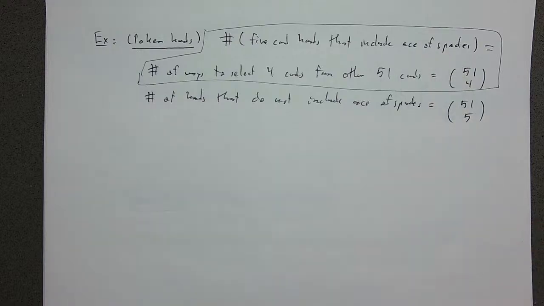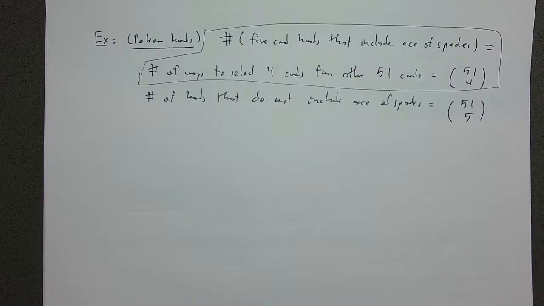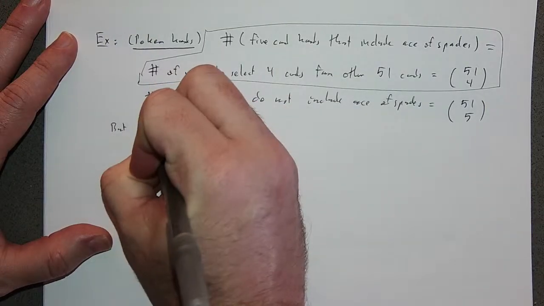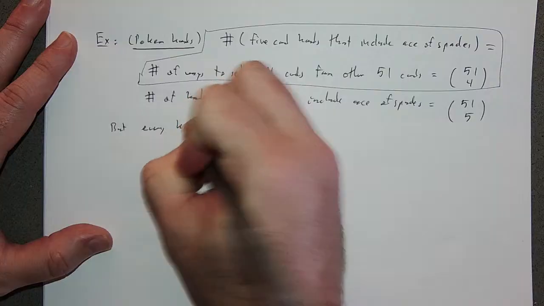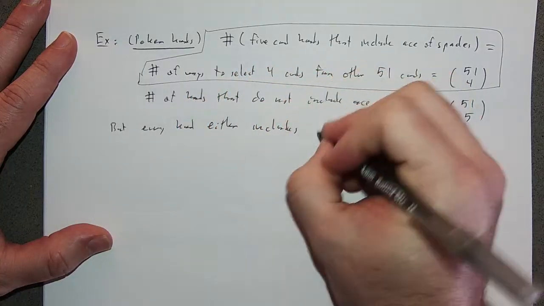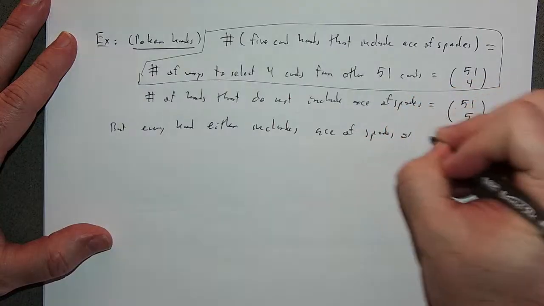The number of hands that do not include the ace of spades, of course, is 51 choose 5. But every hand either includes the ace of spades or does not.